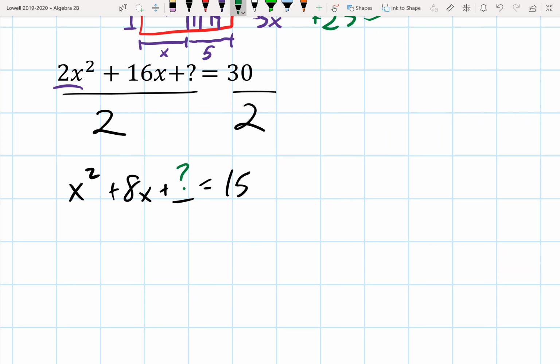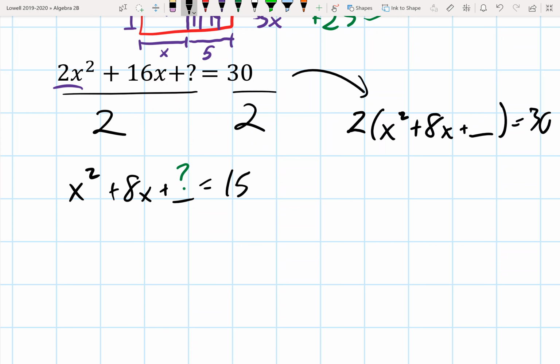Another way people like to think of it is if they factored out the 2. So instead, we're going to go to this, and we end up with 2x squared plus 8x plus something that equals, and on the right side, you don't actually have to factor out if you don't want to, and that's totally fine.